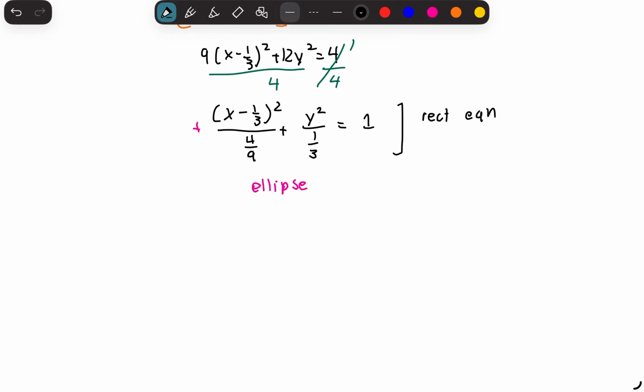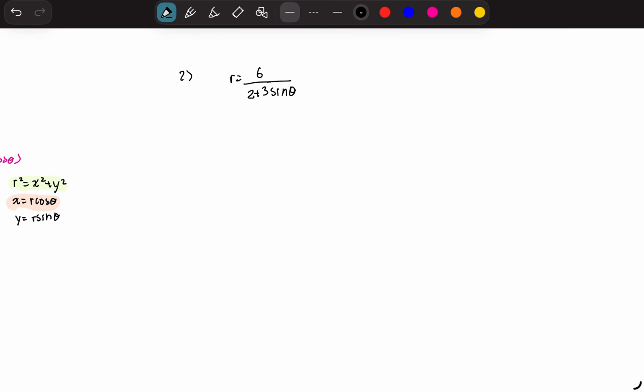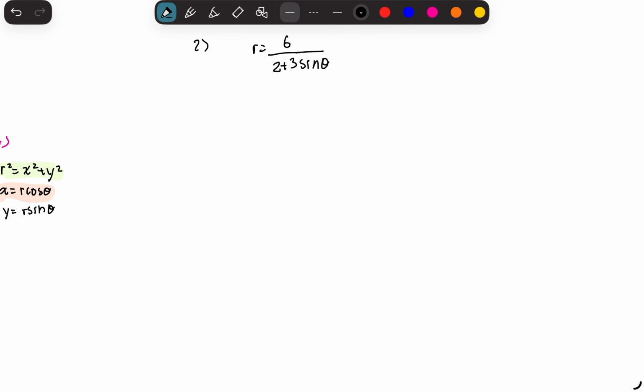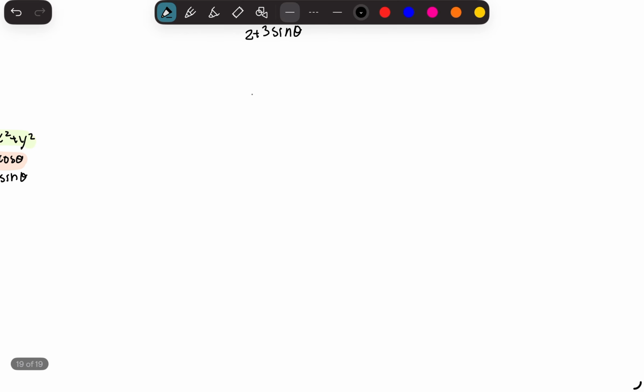Let's say we have a problem r is equal to 6 over 2 plus 3 sine of theta. So what we're going to start out by doing is we're going to clear the denominator. So we have r times 2 plus 3 sine theta is equal to 6. And this is going to be 2r plus 3r sine of theta is equal to 6.